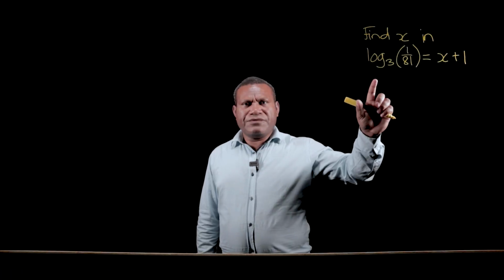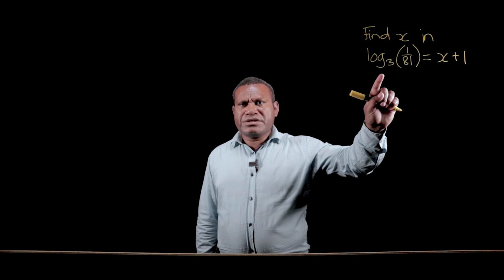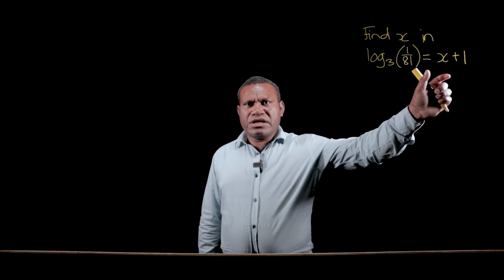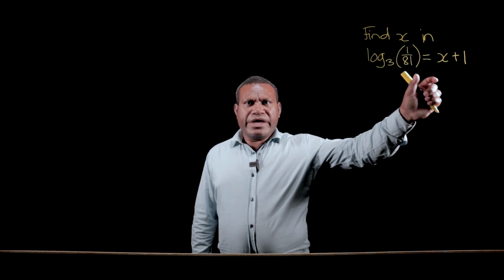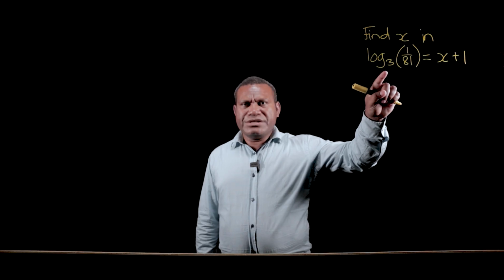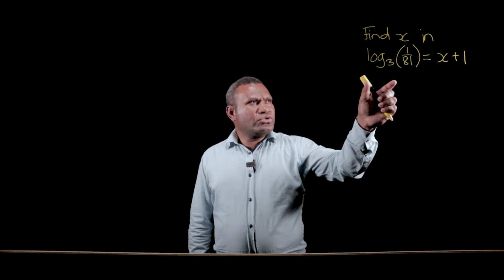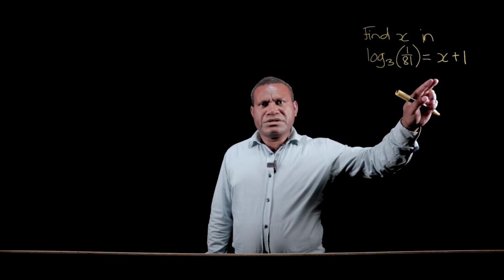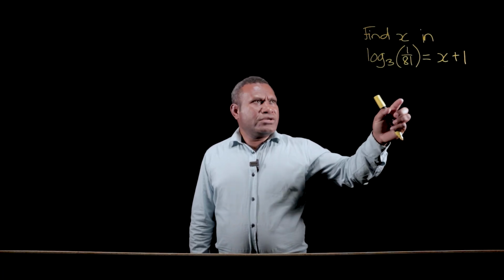If you are given a question like this, you must always start with the base. Take note, whatever expression is on the left-hand side is always your exponent or the power. And 3 is your base. So we're now going to convert this log equation into exponential form. What is the base here?